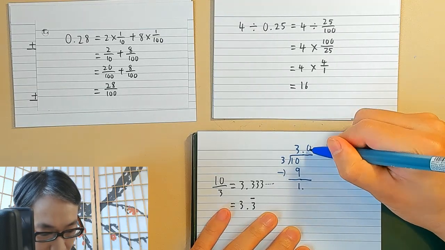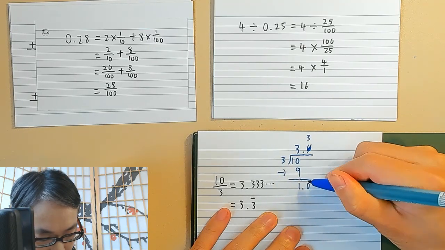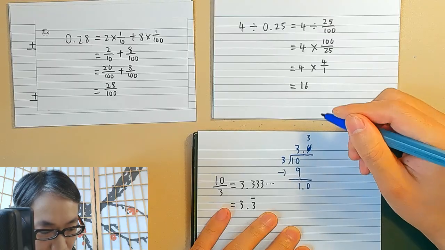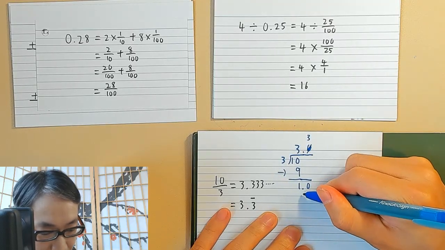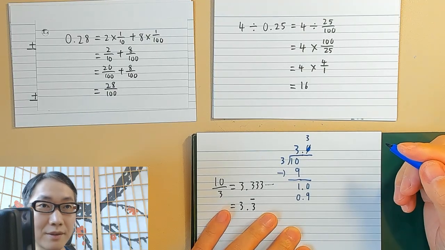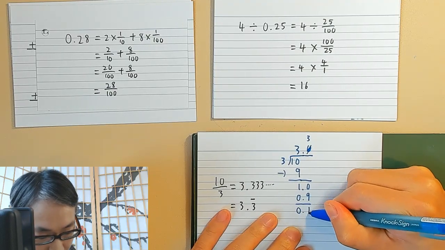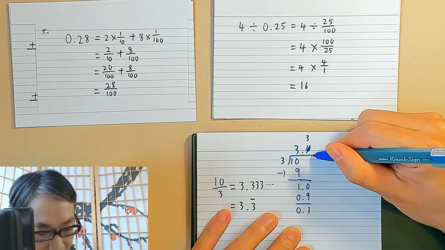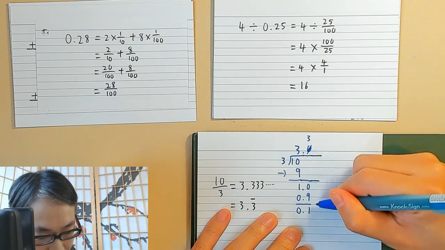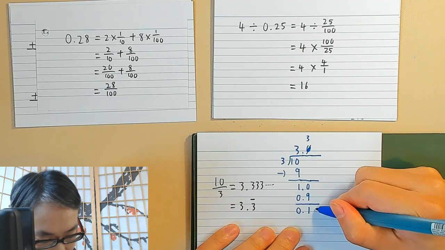We don't have a zero yet. This is a 3, because 0.3 times 3 is 0.9. Okay, and with 0.1 left, we run into the same situation. Add the 0 to here.